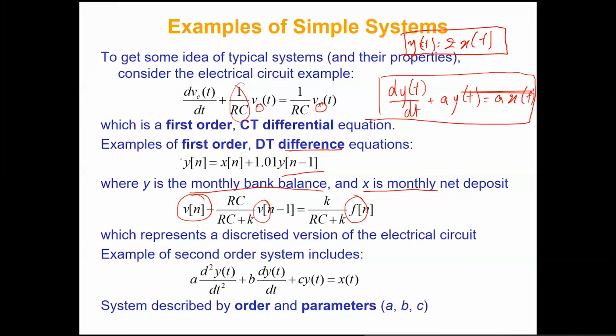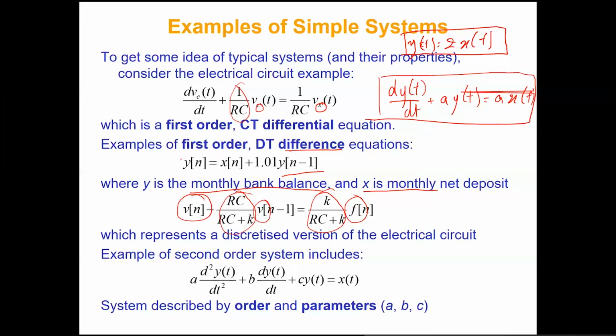So this v that you see here is the output. So instead of writing it as v of n, our convention will be that we will use y. And whenever multiple constants are there, we just lump them together and write them as one constant. That way the whole equation looks much nicer and much easier to deal with.